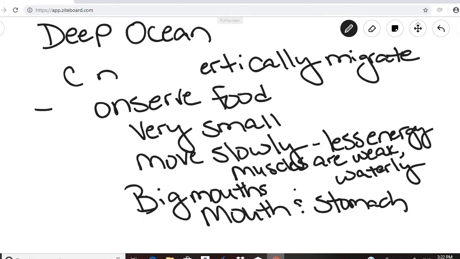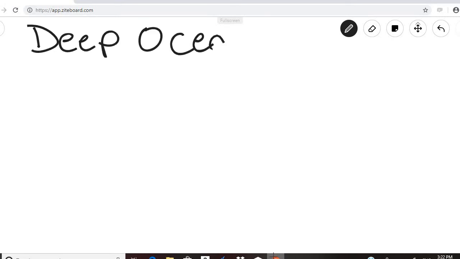Some of the organisms in the deep ocean, you can imagine that because there aren't as many organisms living in the deep ocean, in order to reproduce, it might be difficult to find another member of their species. So many of them are hermaphrodites.